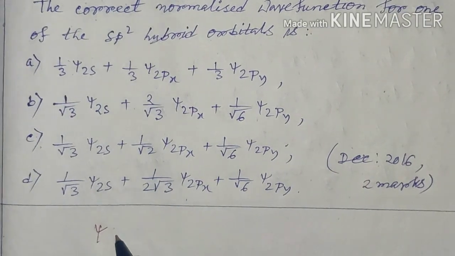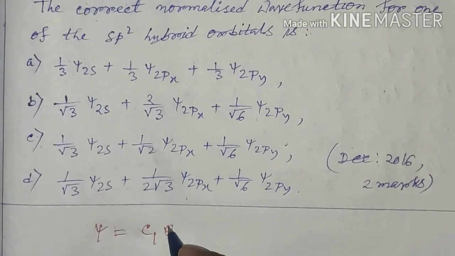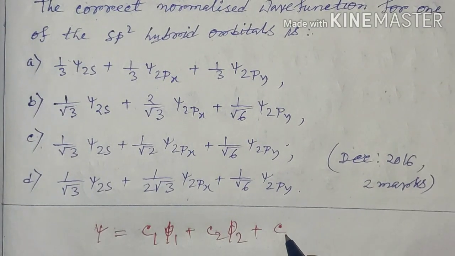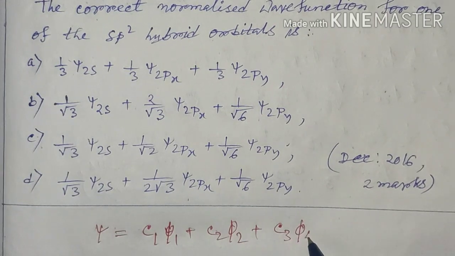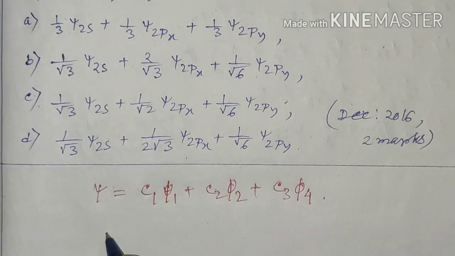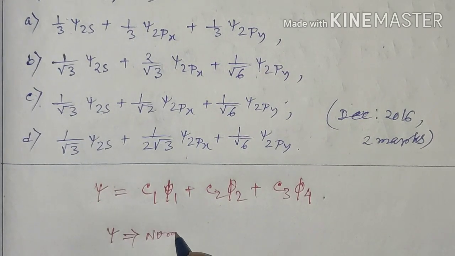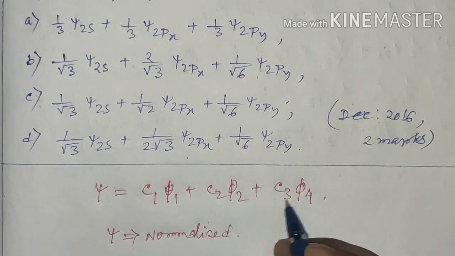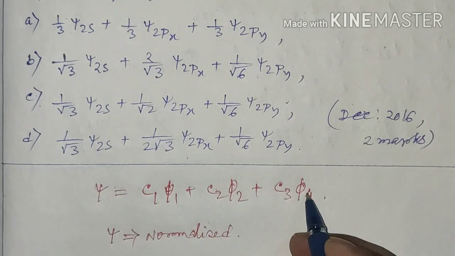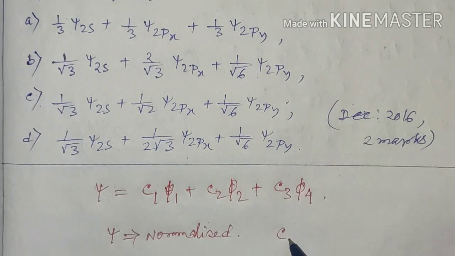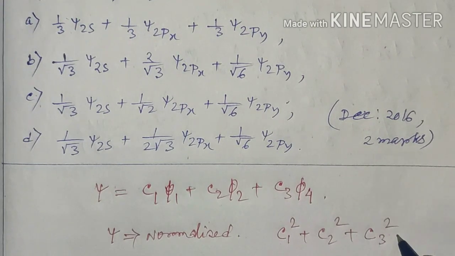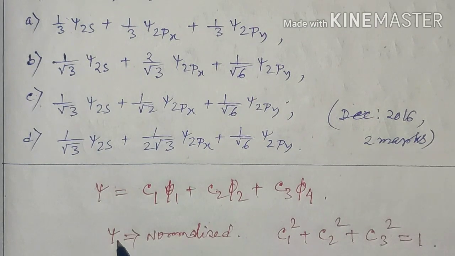Now if a wave function is given like this, C1 psi1 plus a linear combination of different atomic orbitals, then psi will be normalized if the summation of the squares of the coefficients of these atomic orbitals is equal to 1. That means if C1 square plus C2 square plus C3 square is equal to 1, then psi will be normalized.